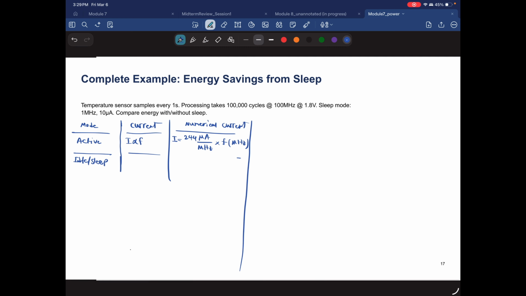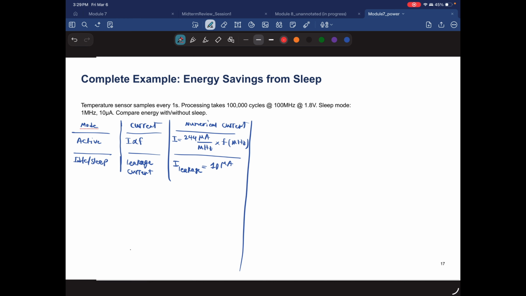Then when we are in idle or sleep mode, the only current that exists is the leakage current, and it's constant. So you can call this I leakage, which here is given to us as 10 microamp.